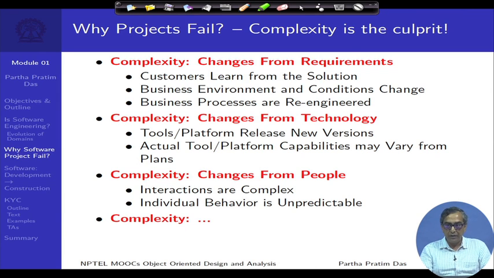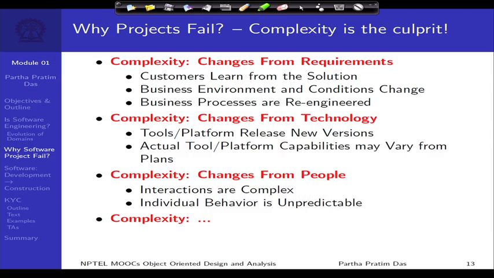Two people have a certain kind of interaction. When you put 4 people, you get 4C2, 4 choose 2 kinds of interactions, and you have more and more people, more and more groups, more and more organizations, more and more distributed development teams across geographies and so on. Interactions get really complex, and people are one factor in the whole software industry which have an unpredictable behavior.